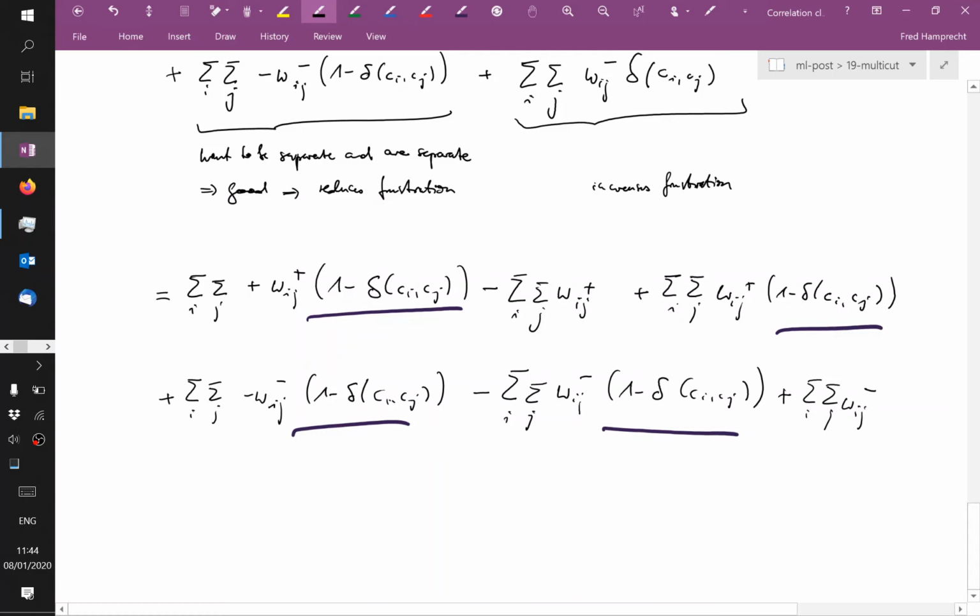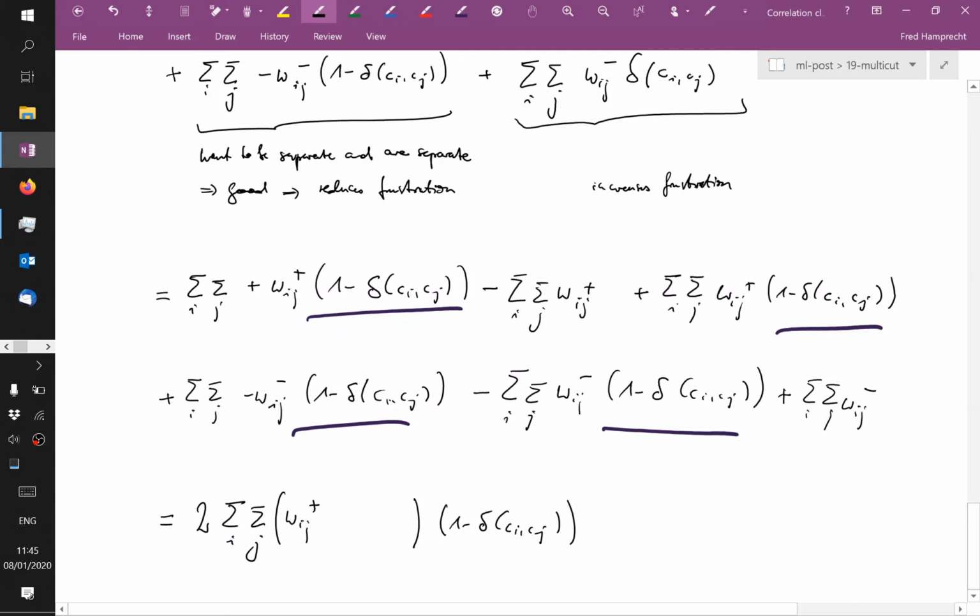All right, and now we can simplify. So we have twice w_ij plus, one minus delta c_i c_j.